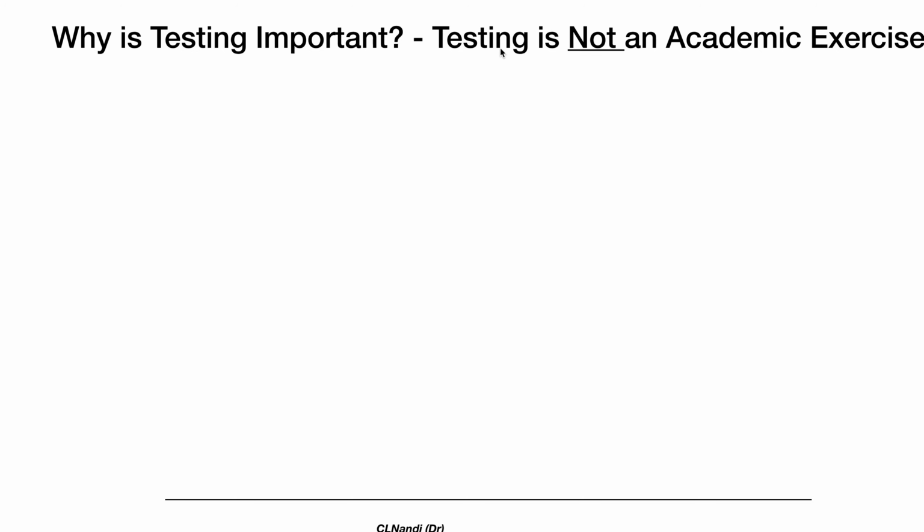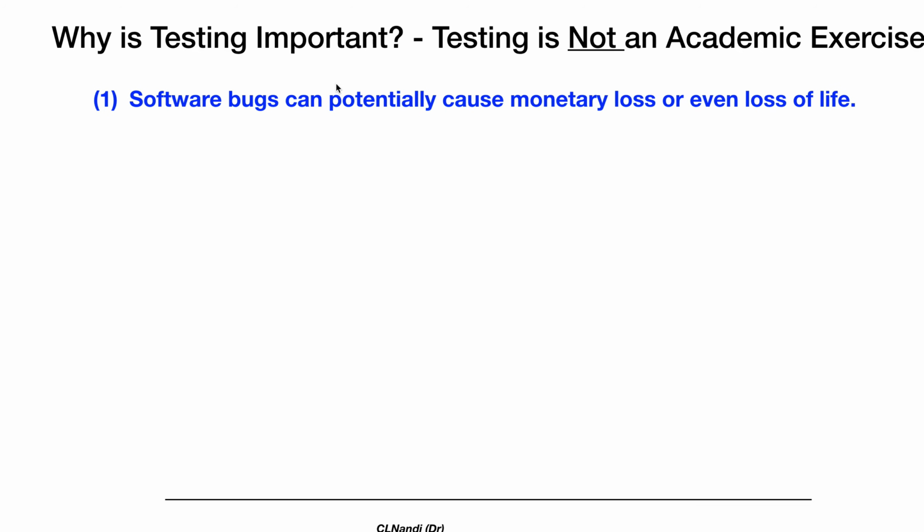The consequences of these programs not functioning as they should can be quite disastrous. A software bug can potentially cause monetary loss or even loss of life. A software bug is a problem with the code of the program.